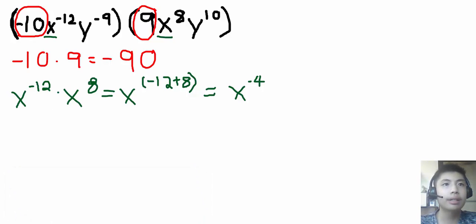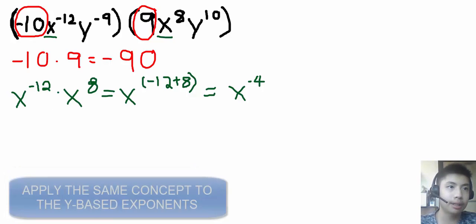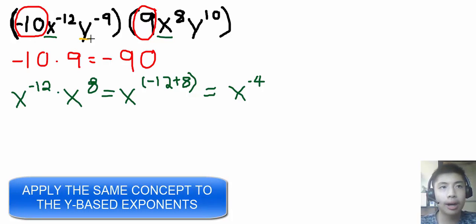Now we do the same to the y-based exponents. As you can see, y to the -9 and y to the 10th all have y as its base. So we do the same thing as we did to x. We do y to the -9th times y to the 10th.